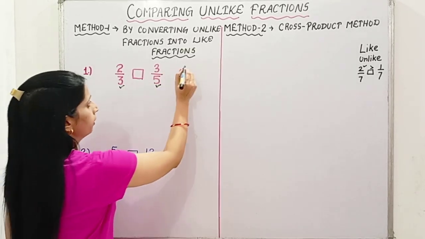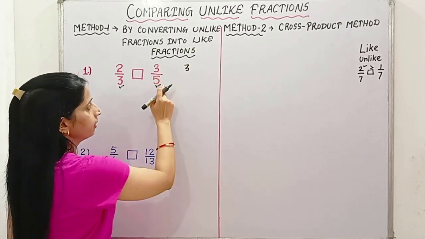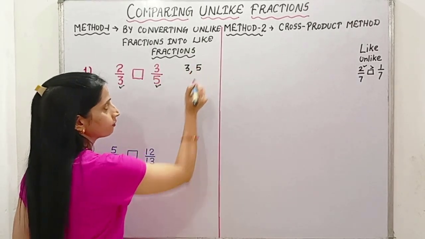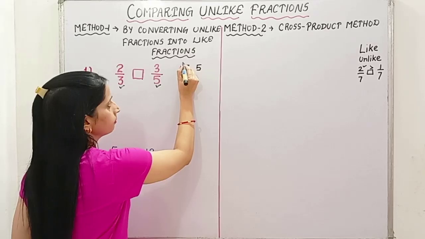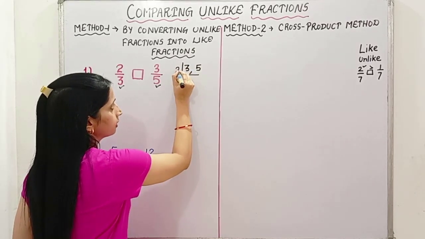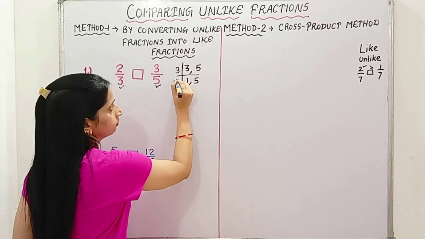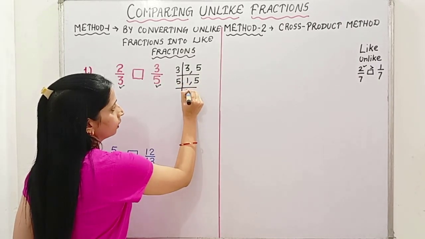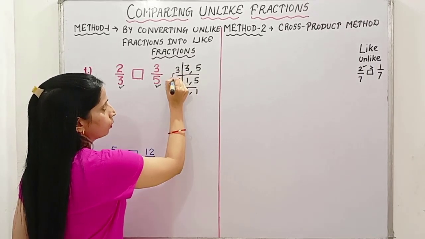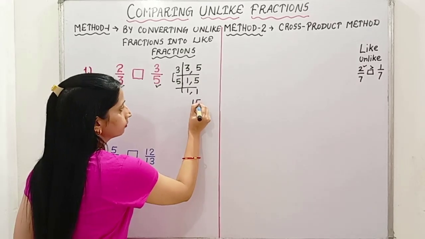In this the denominator is 3 and in this the denominator is 5. So what will be the LCM? It is clear, the LCM of 3 and 5 will be 15.